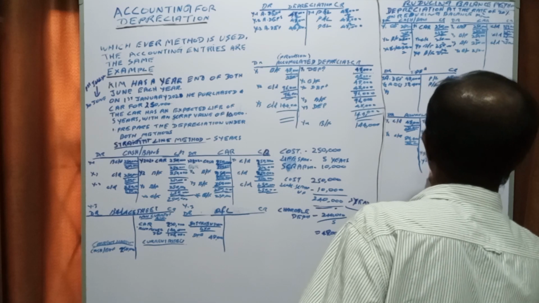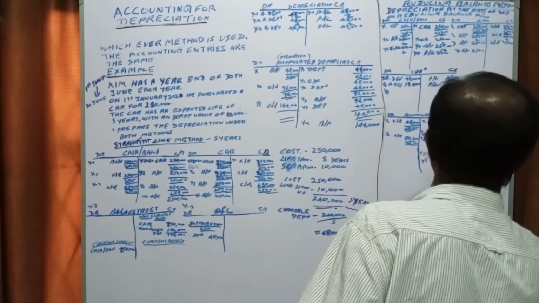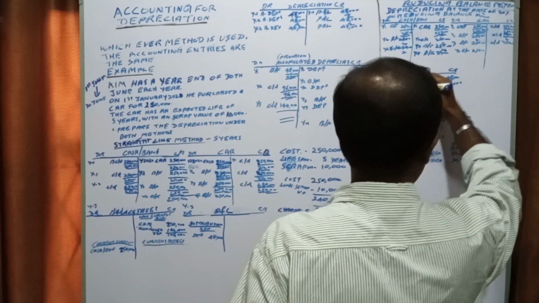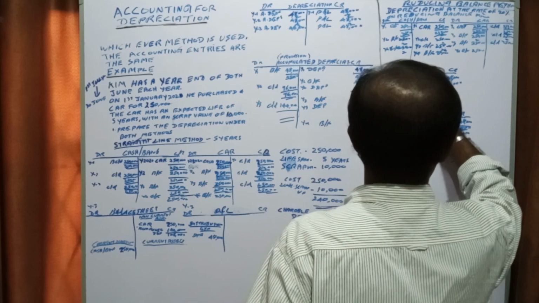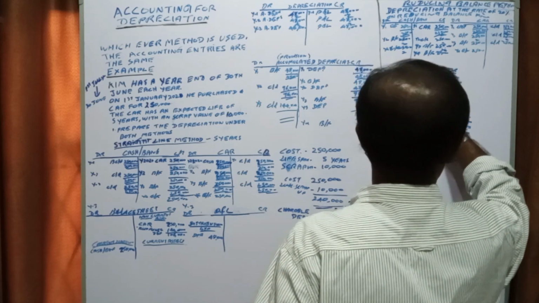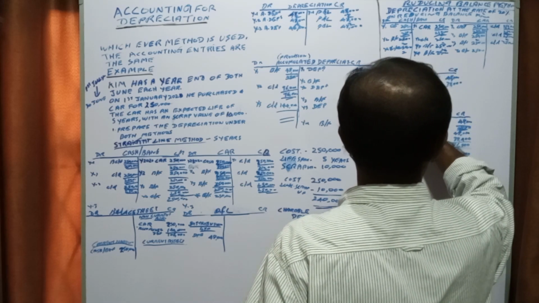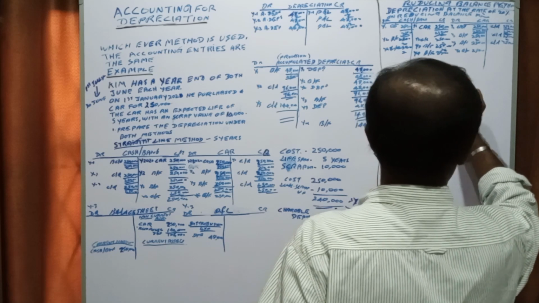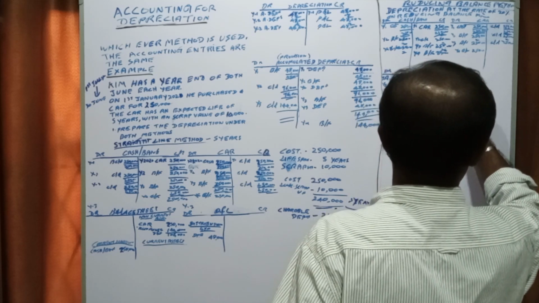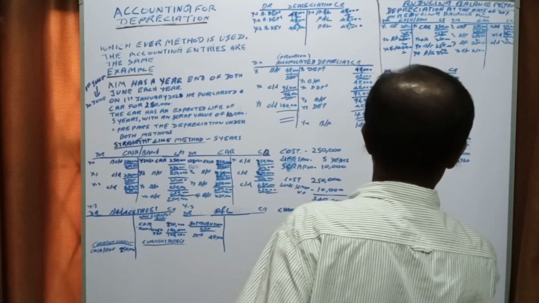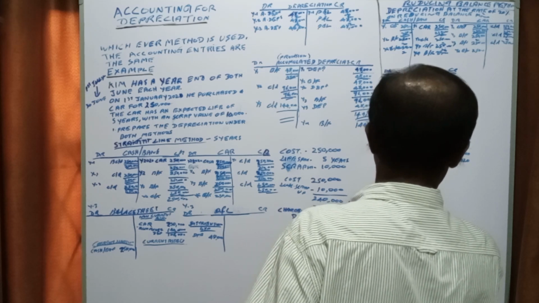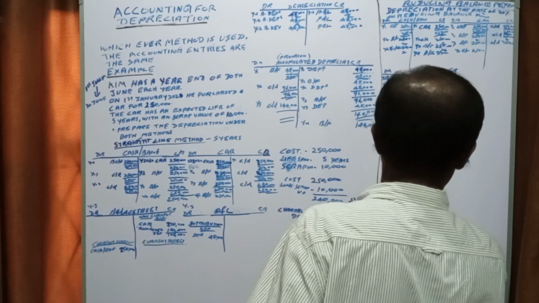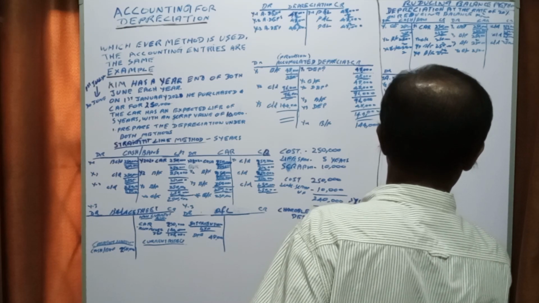Year 3 depreciation 30,720 accumulated depreciation. This goes to P&L, 30,720. This goes carried down, year 3 carried down 30,720.